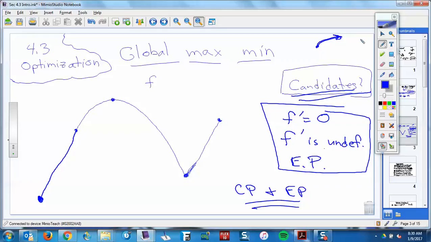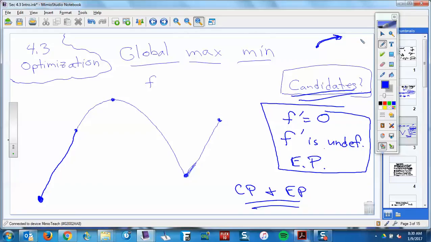Now, if you take the sine graph from wherever to wherever, is there one global max? Oh, come on now. I tricked you. Is there one global max on the sine graph from wherever to wherever? I mean, let's say from negative 8 pi to 8 pi. What is it? There's one global max.